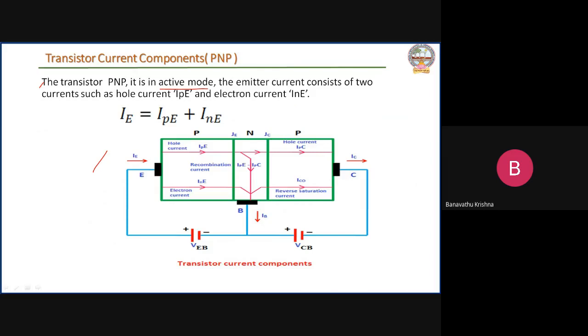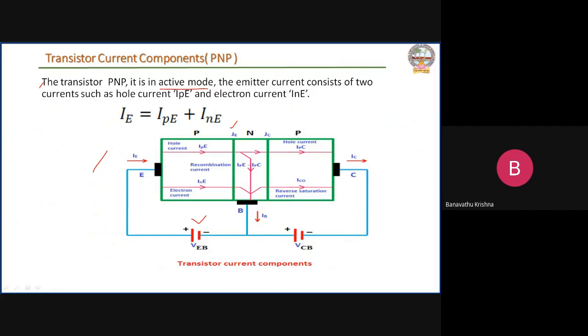By giving this forward bias condition, there is a huge movement of charge carriers in the emitter region, and they cross over the junction JE and enter into the base region. The base region is lightly doped, meaning it has very few charge carriers.